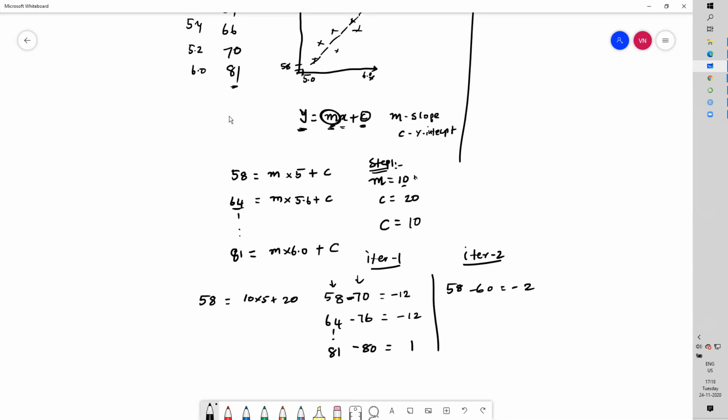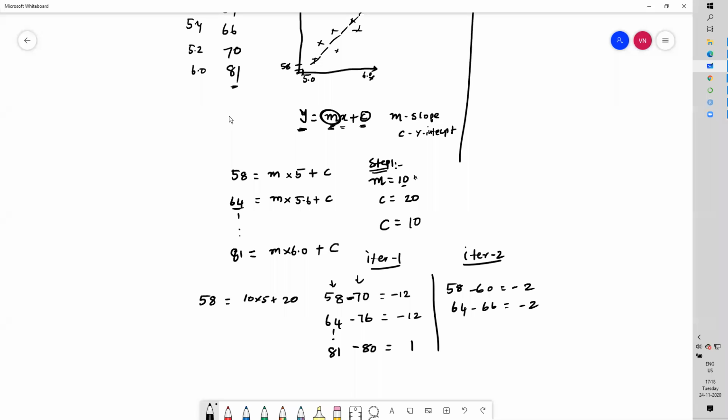In iteration number 2, we have 58 minus 60, and for the second observation, 56 plus 10, which is 66. So 64 minus 66 is minus 2.